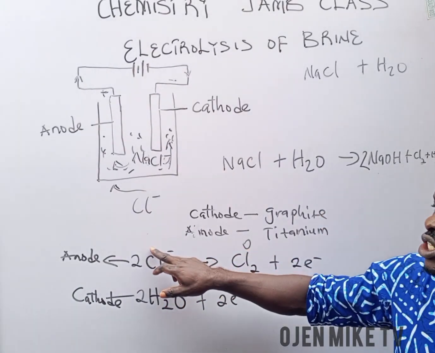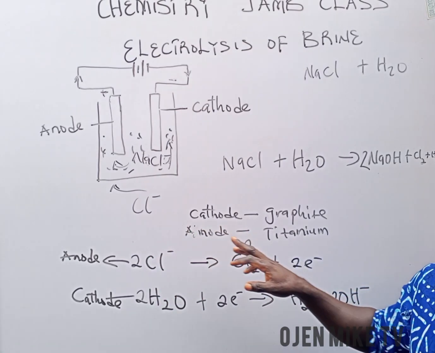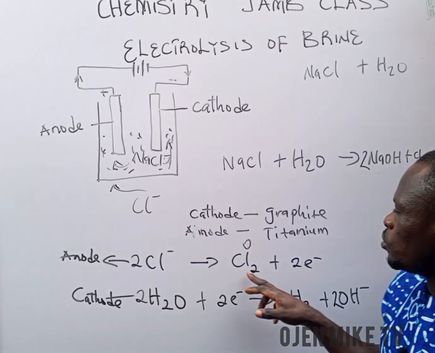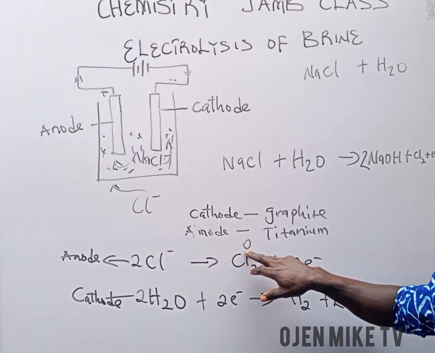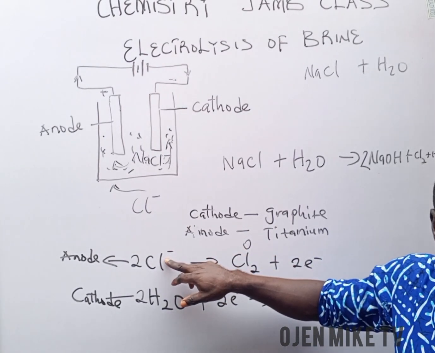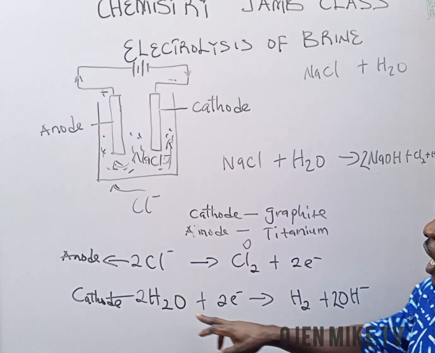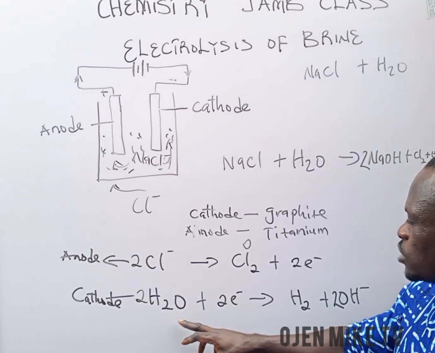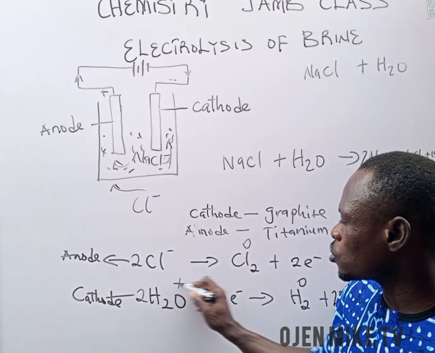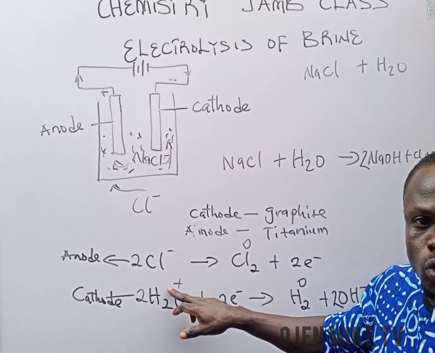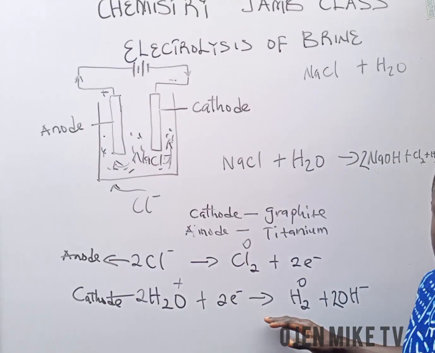When the oxidation number of the reactant is smaller than that of the product, it is oxidation. Here it is 0, because the oxidation number of every element in a free state is 0. So chlorine undergoes oxidation, loss of electrons. Hydrogen will gain electrons: its oxidation number here is +1 and there it is 0. So the oxidation number of the reactant is bigger than that of the product, and that is reduction.